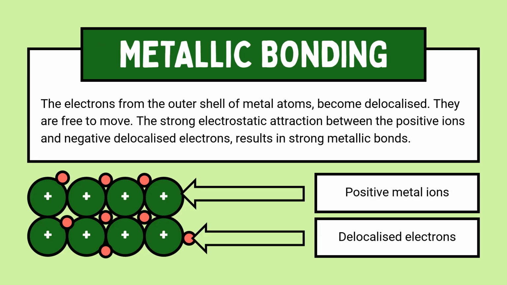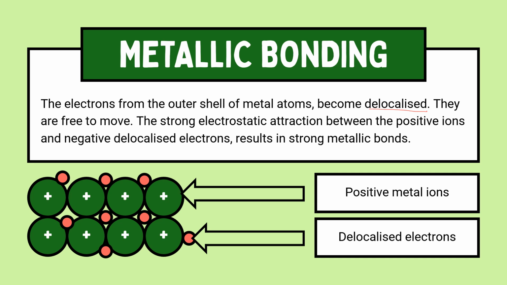The electrons from the outer shell of metal atoms become delocalized. So basically, what is the meaning of delocalized? Delocalized means an electron in an atom, ion or molecule that is not connected to a single atom or a covalent bond. Okay. They are free to move.